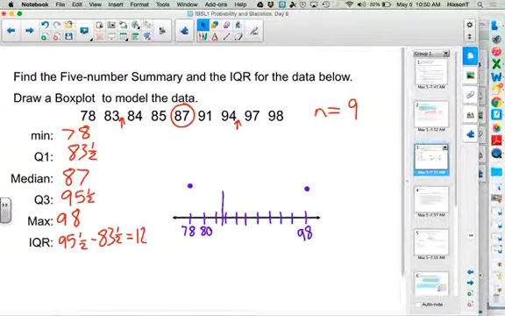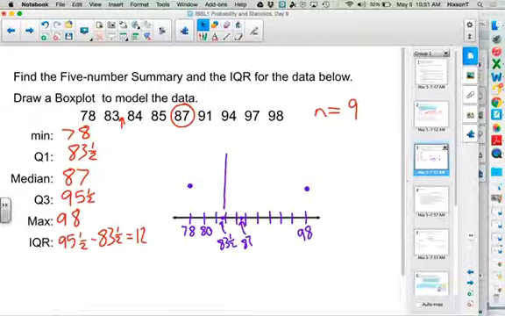I'm going to go with a vertical line there, not have it go through my number line. So there's that 83 and a half. Then you have your median, which is at 87, so 82, 84, 86, 87 is right there.